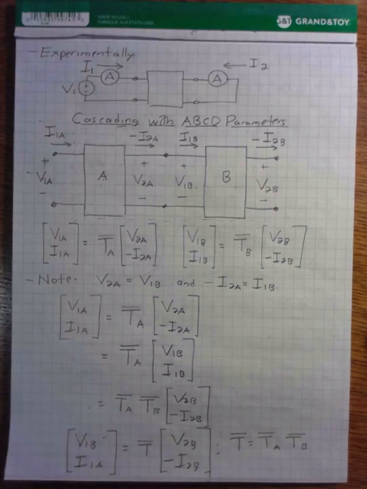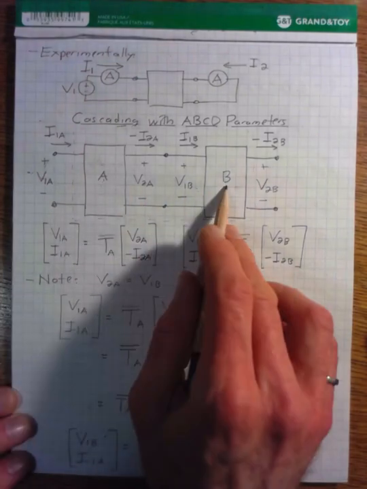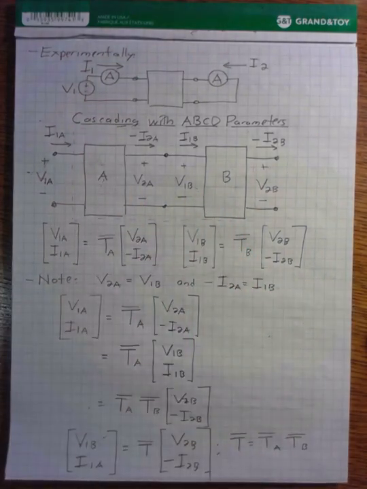And this is where we see the advantage of using these transmission parameters. So if we can figure out the ABCD parameters for our first system and our second system, when we cascade them together, we don't have to pull the lids off of both of these two systems and do a component by component KVL or KCL analysis.